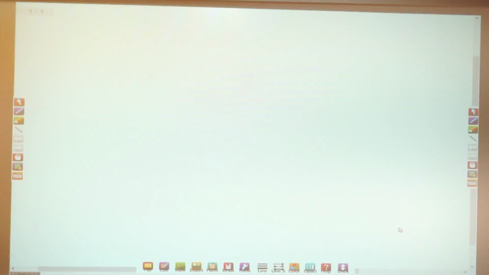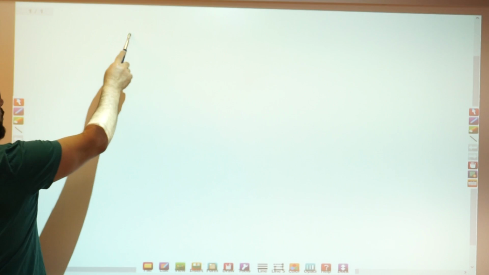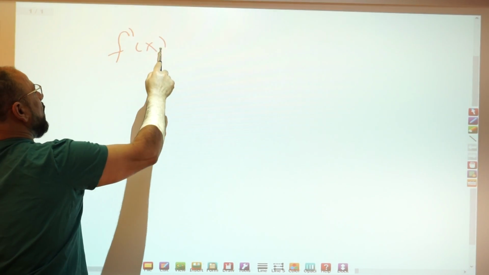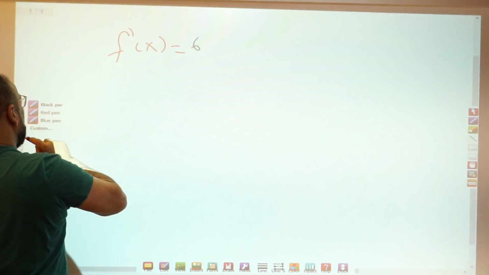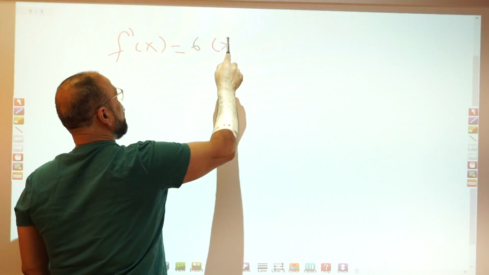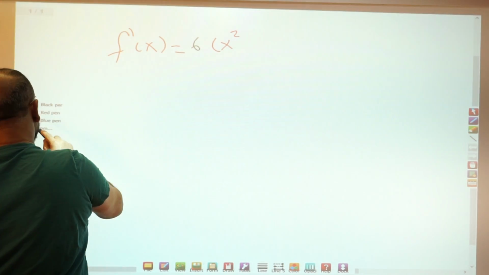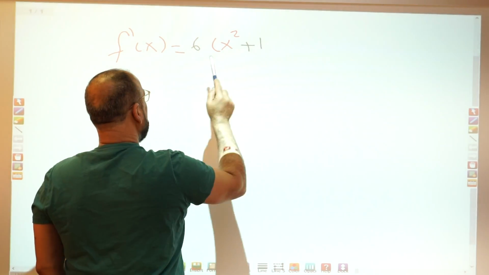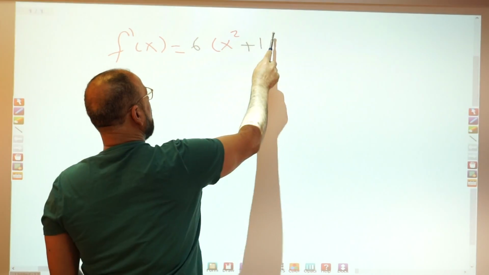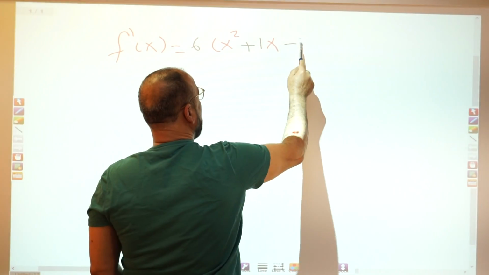I remember the function. f prime of x equals, we did 6 in black, I'm going to do the same, and x squared plus x minus 2. Then we factor it.